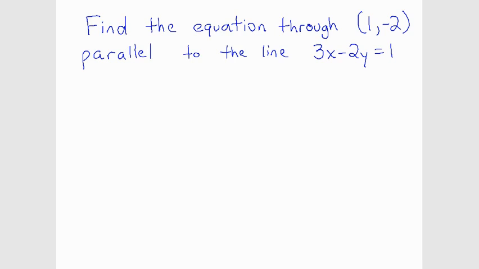Hello there. In this video, I want to build off of what we talked about in the last video, where we talked about using criteria to write a linear equation given certain criteria. But I also want to visit a previous video idea where we talked about the slopes of parallel and perpendicular lines.